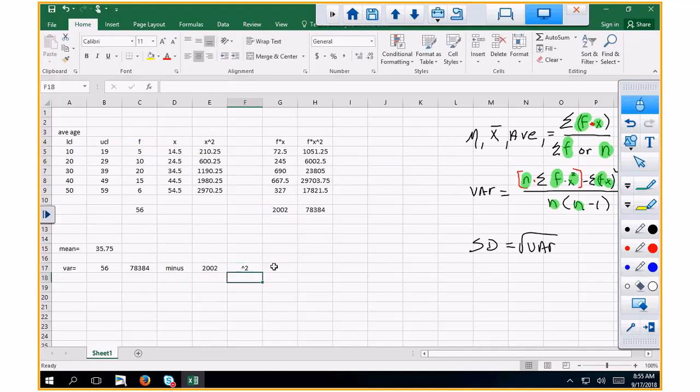And then I'm going to put that over N times N minus 1, plugging in all my numbers. So down here, variance equals this number times this number.